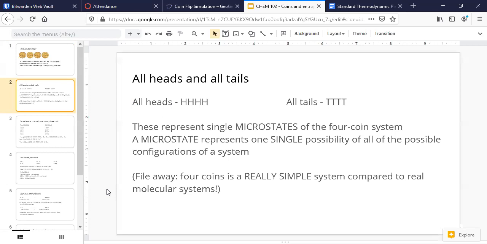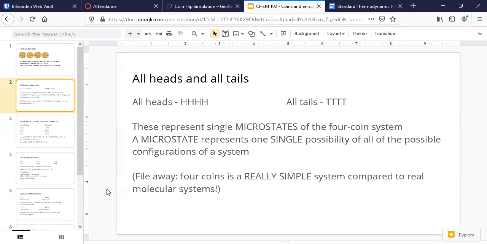Okay? Now, I'm going to assign a name to these two possibilities. They are not merely the all heads and all tails states, but they also represent single microstates.